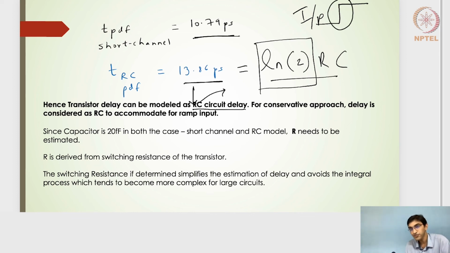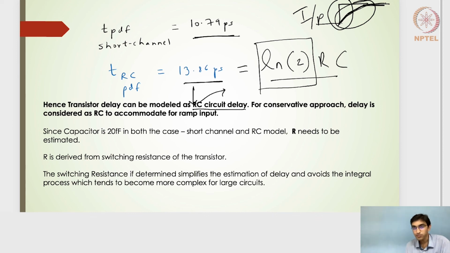The output of the very first circuit will be, in this particular case, a ramp and then the exponential profile. So the input profile is never a step input for the subsequently cascaded circuits. It is always some kind of a linear profile or an exponential profile which goes as an input to the next circuit.